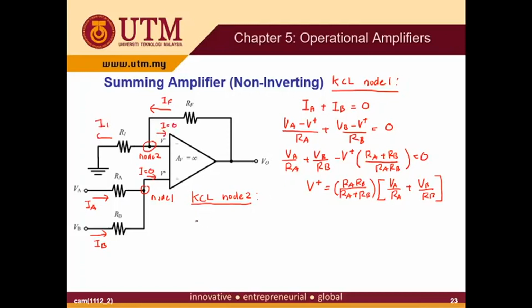Entering is IF, so IF is positive, I1 is negative, equal to 0. IF is (Vout minus V negative) over RF, and I1 is (V negative minus 0) over R1, equal to 0.